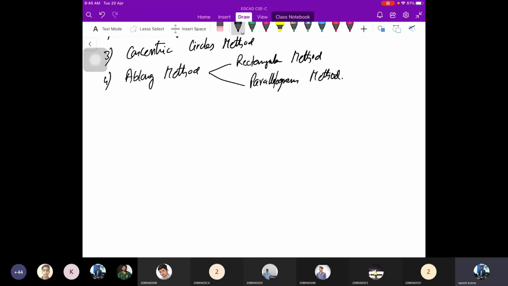If you define an ellipse in this method, an ellipse can be defined as the locus of a point P moving in a plane in such a way that the ratio of its distance from a fixed point to its distance from a fixed straight line is constant, and is always less than 1.